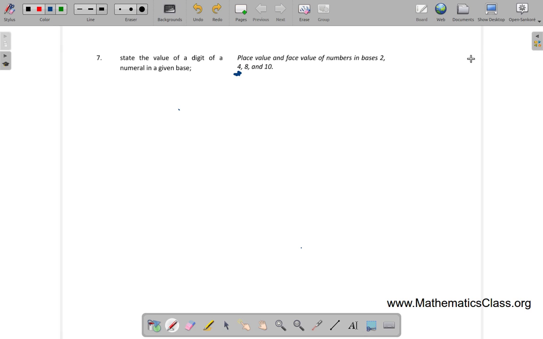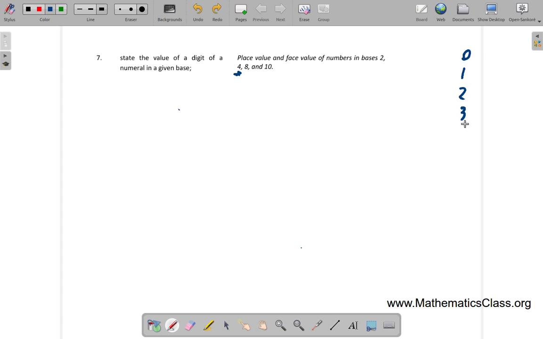When you are counting up in base 4 and you say 0, 1, 2, 3, good, you cannot reach this point. There is no digit 4 in base 4. You have only 4 digits, 0, 1, 2 and 3.